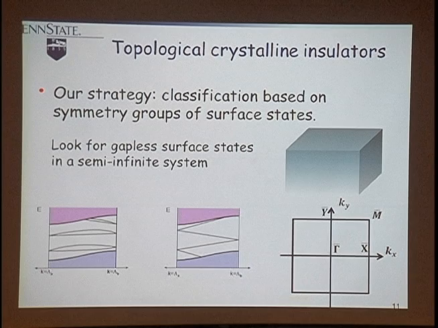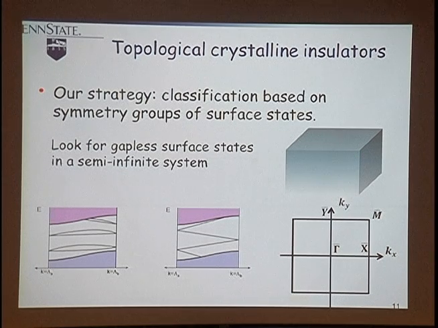Okay, so we are looking at a semi-infinite sample with one surface, and the symmetry group of this semi-infinite crystal is the exact symmetry when you look at the surface state. What we are trying to do is find whether this type of gapless surface state is possible in this semi-infinite system.